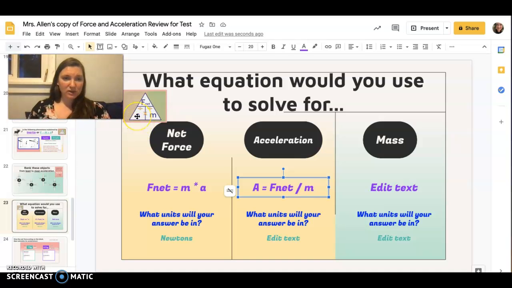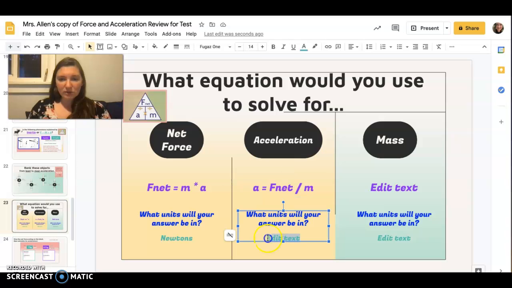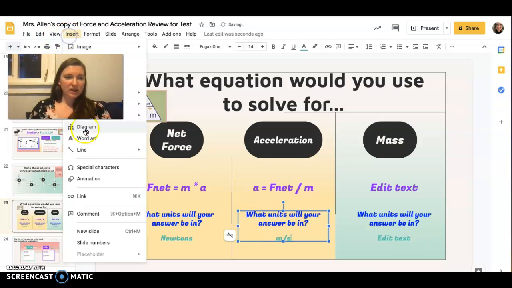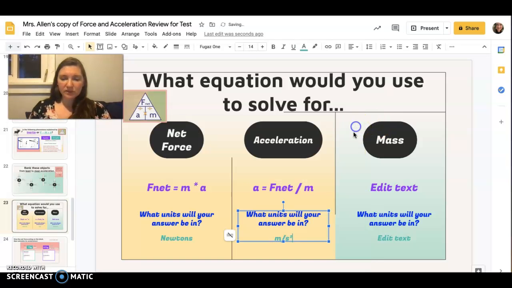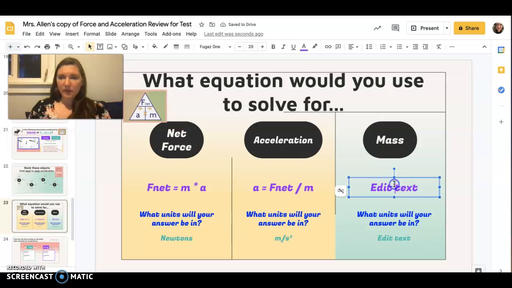So here I was solving for acceleration, so I see that F net is over m, and the other way to think about that is that force has a direct relationship with acceleration, and mass has an inverse relationship with acceleration. F net divided by m. And if we're talking about acceleration, the units are going to be in meters per second squared. Okay, and if we're solving for mass, again, cover this up.